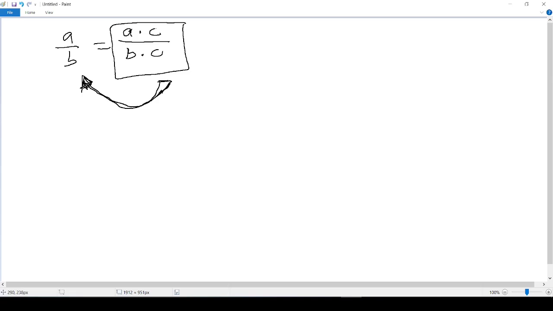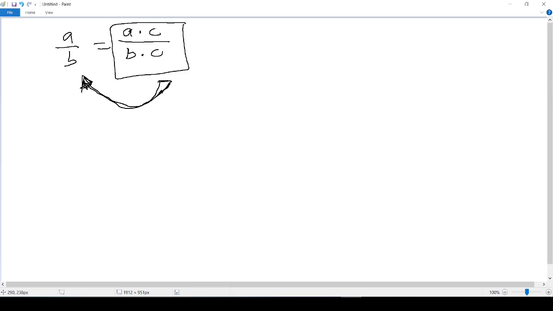To do that, we first check if both numerator and denominator have a common factor, which is a whole number greater than 1 that divides them both without having a remainder, or remainder equals 0, the same thing. So once we identify the common factor, we cancel it top and bottom. Remember, our goal here is to lower the fraction's terms.